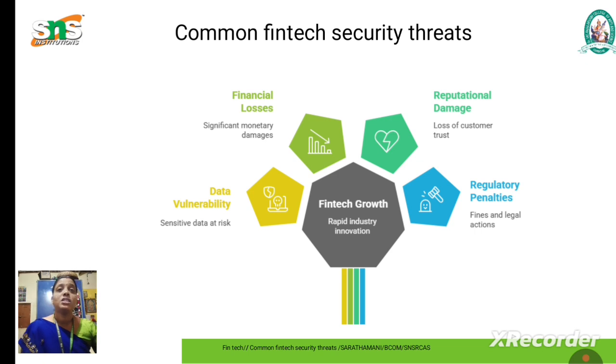The next one is API vulnerabilities. API is application programming interface. It is used to connect different systems and applications, enabling data sharing and integration. However, poorly designed or implemented APIs can introduce security vulnerabilities that can be exploited by attackers.